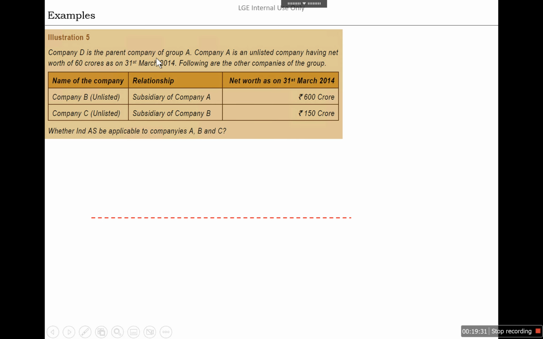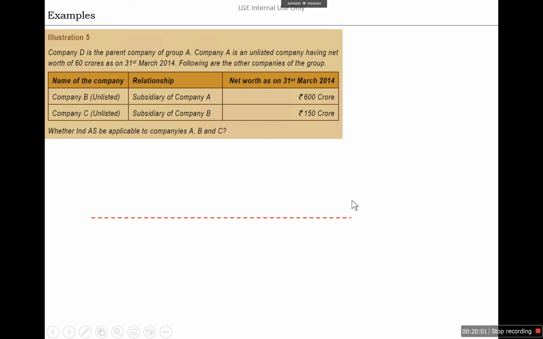Next, company D is the parent company of group A. Company A is an unlisted company with a net worth of 60 crores, and the following are the other companies in the group. Company B is an unlisted company, a subsidiary of A, with 600 crores net worth. In this case, Ind AS is applicable to company B because its net worth is more than 500 crores.